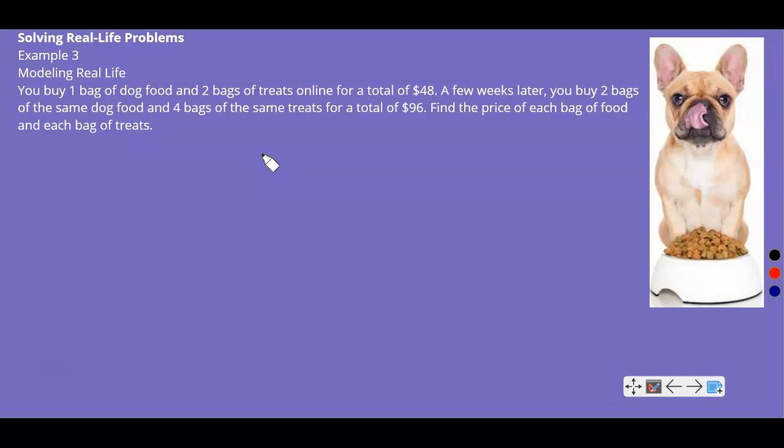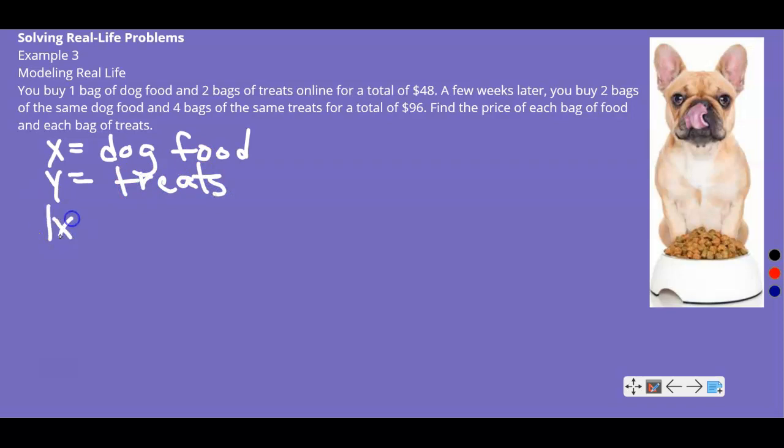Let's say x is 1 bag of dog food, and y is going to be bags of treats. So you buy 1 bag of dog food plus 2 bags of treats, and that equals $48. So there's our first equation.